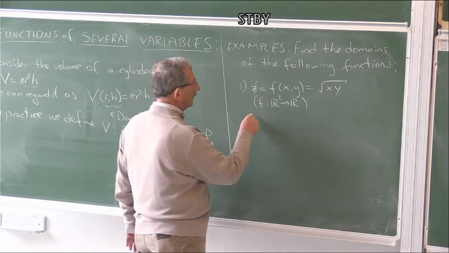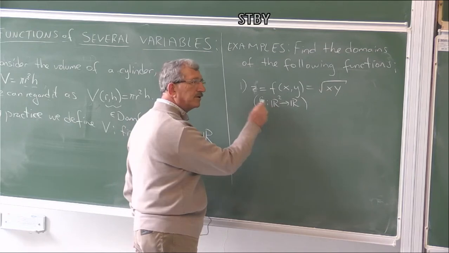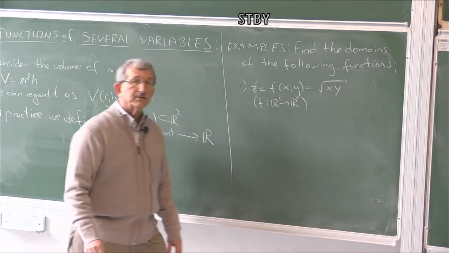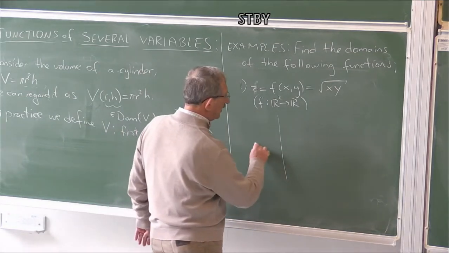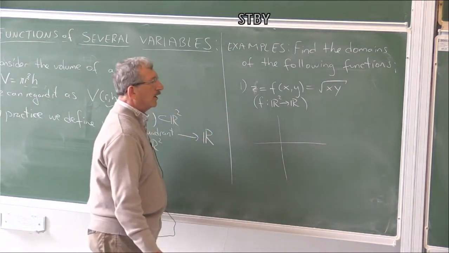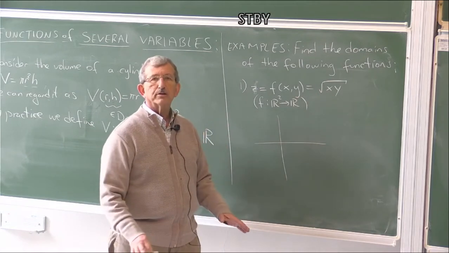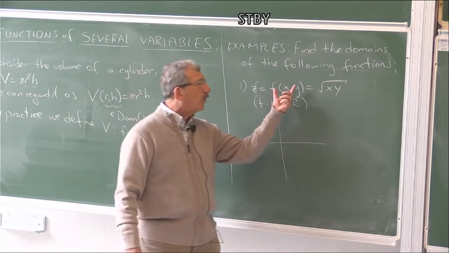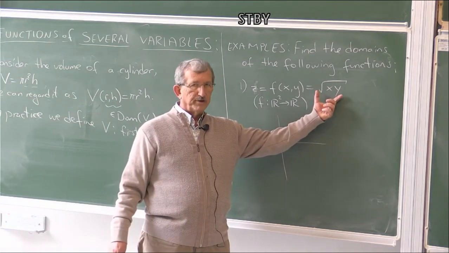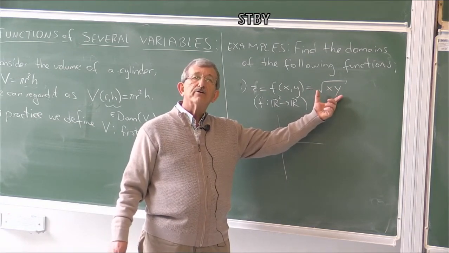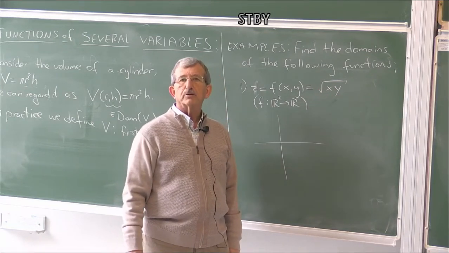Well, what's the domain? First of all, the domain of f is a part of the plane. It's not in real numbers. So the domain will be here. Okay? When is this well defined? That's the question. That is, for which pairs xy can I talk about the square root of xy? We are in real numbers, so the only restriction is that if xy is negative, this is not possible.